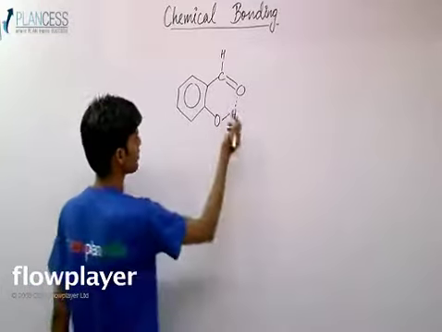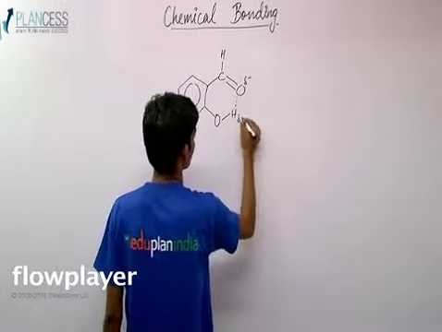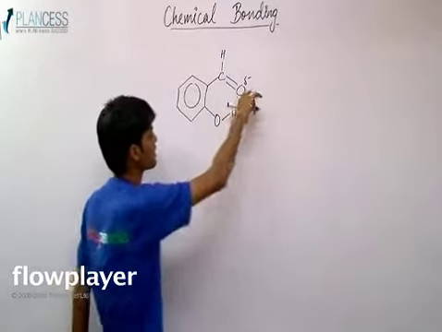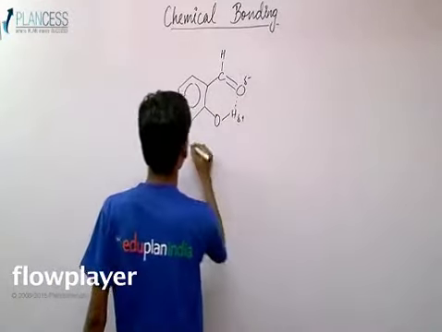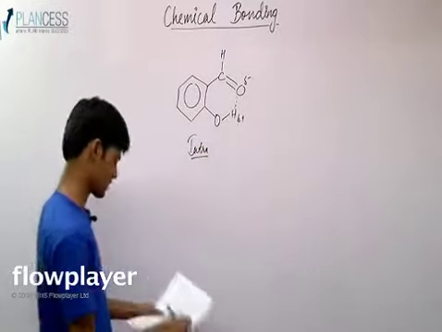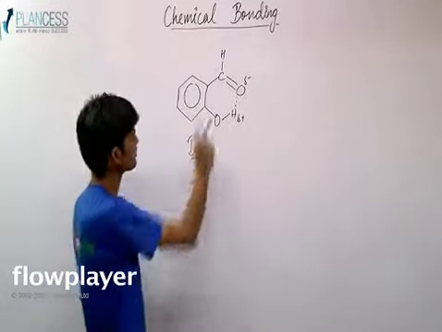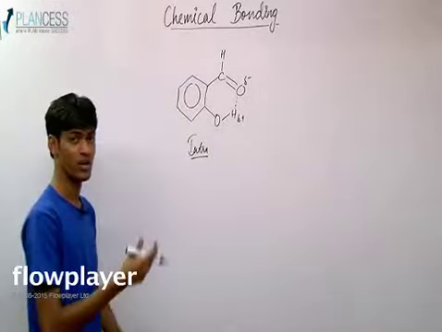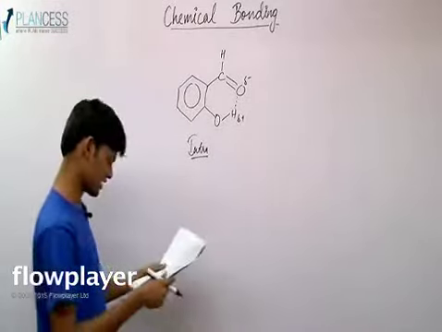This hydrogen bonding forms because it has a delta negative charge, it has a delta positive charge, and it also has a lone pair and is small in size. This is known as intramolecular H bonding, and this is orthohydroxybenzaldehyde. You will study about it in organic chemistry, I suppose.